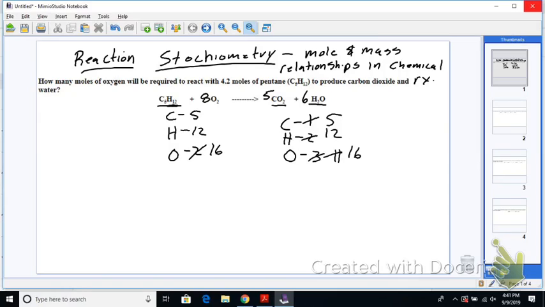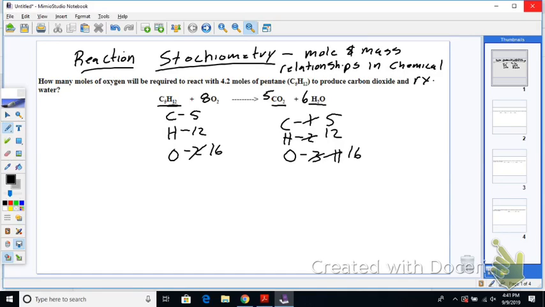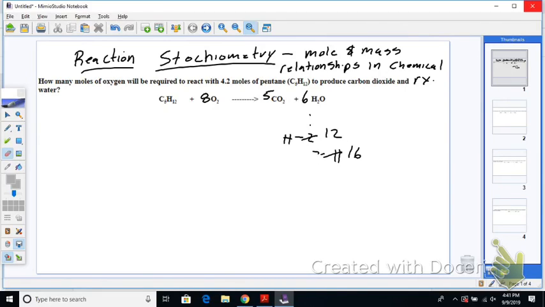So now what I can do is what's called a mole relationship. That's the first one I'm going to do when talking about how to set up these reactions in order to solve for a particular amount of moles or grams on one side or the other. This is called a mole to mole problem.